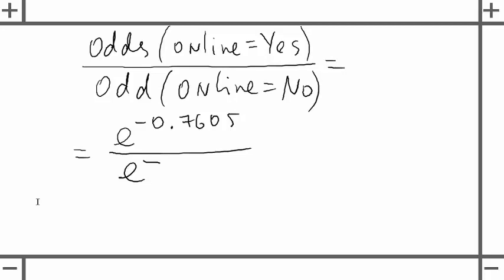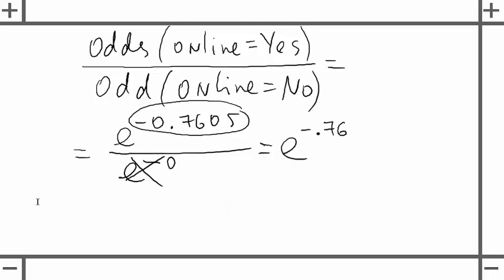So case yes means online banking yes equals 1, and you get that value added to the equation. Case no means online banking yes equals 0, and therefore there is nothing, right? So minus 0. What's e to the power 0? Any number to the power of 0 is 1, always, right? So therefore this is 1 really, and this is all I have, e to the power minus 0.7605, okay?